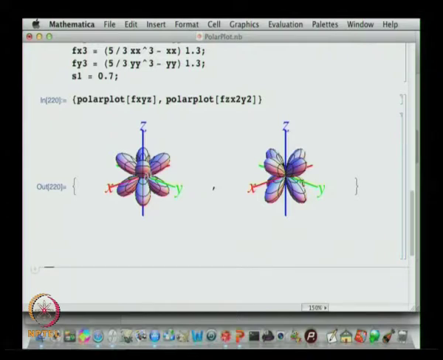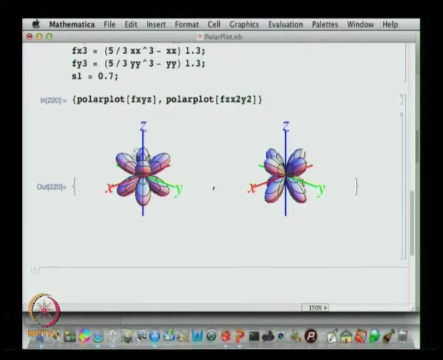It might need some time to realize that, but all that you need to do is take this orbital, rotate it by 45 degrees about the z axis, and you are going to get this orbital. That is how it is. So the shapes and everything are the same, except that one is obtained from the other by rotating by, sorry, not 90, but 45 degrees about the z axis.